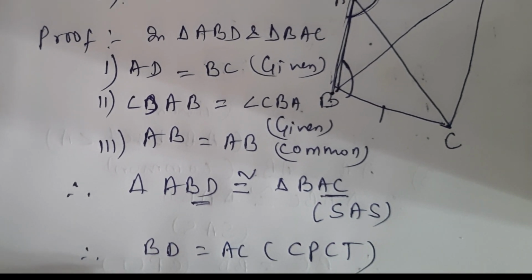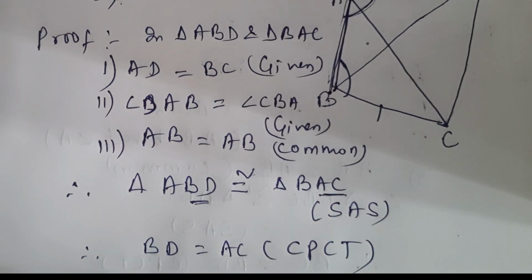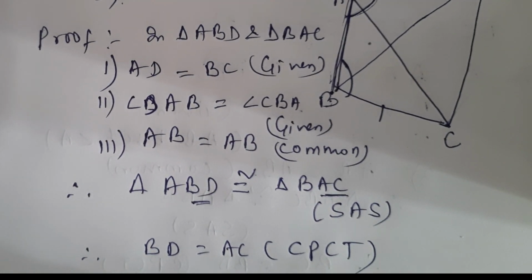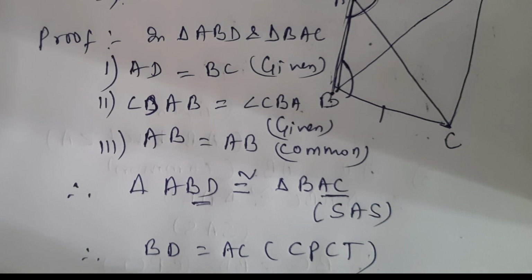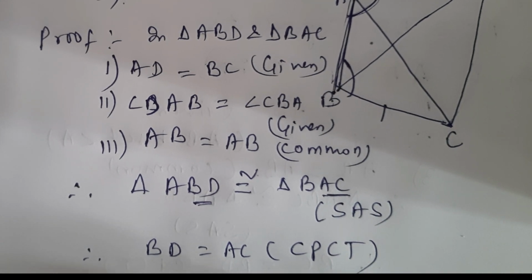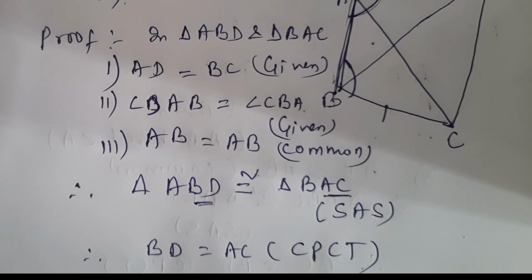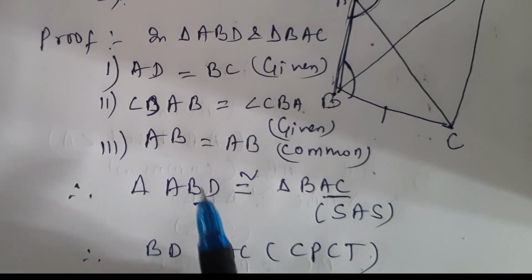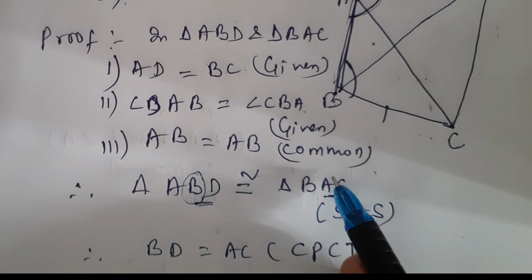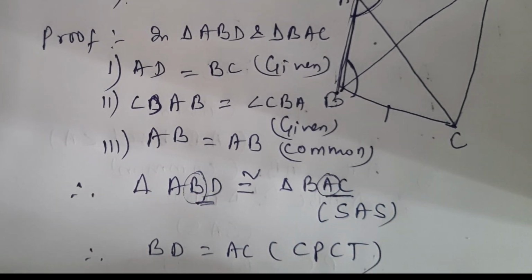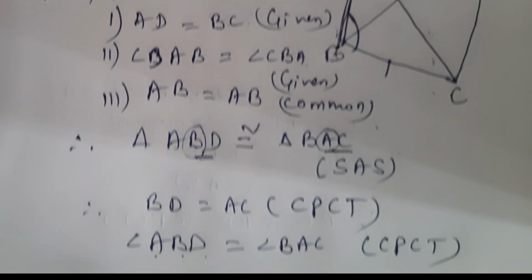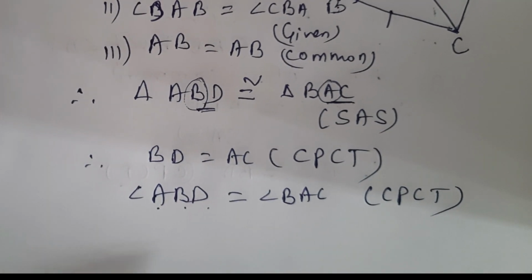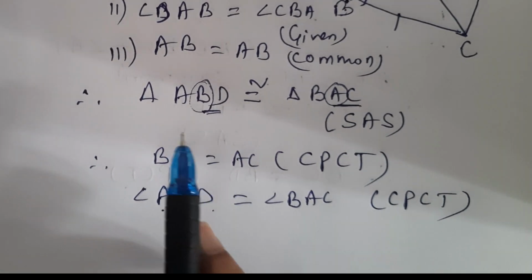In the same way, the next part, angle ABD is equal to angle BAC. This is also by CPCT. So here angle ABD, this angle B is equal to angle A. Whenever we make the congruency, you need to remember that the letters will match.